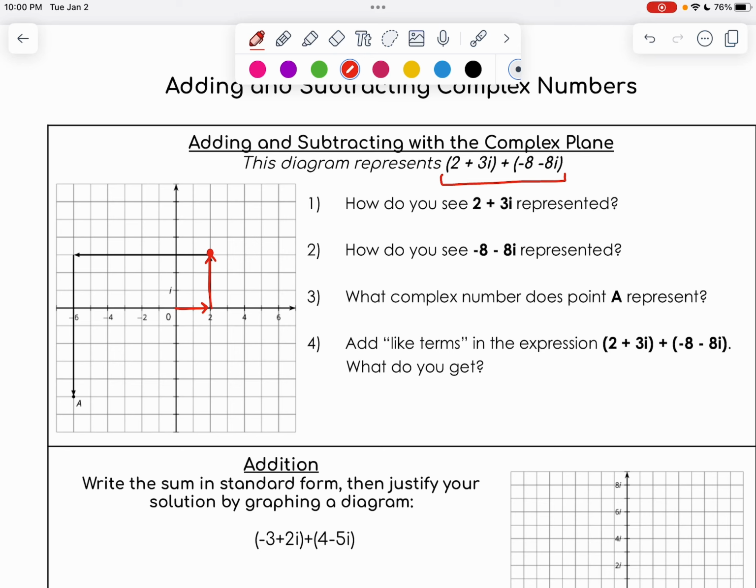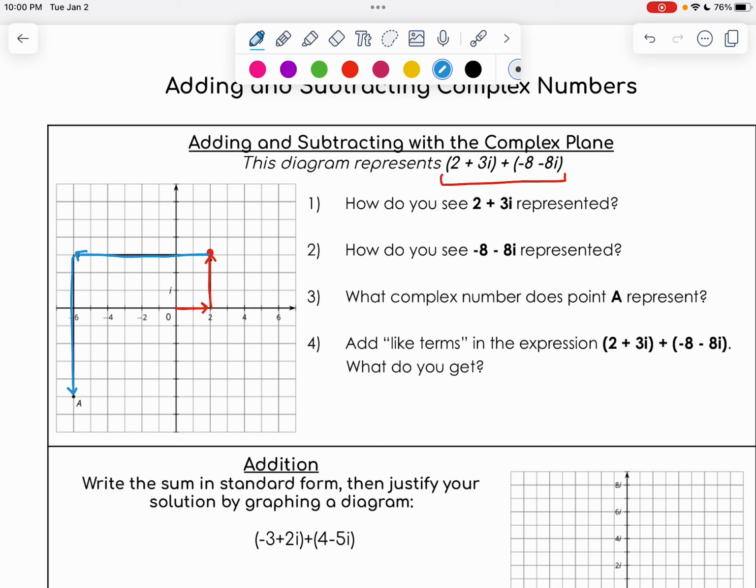And now, how do we see the negative 8 minus 8i represented? Because I don't see arrows that are pointing left 8, down 8, starting at 0. But I do see an arrow that points left 8. That's right here. And I do see one that points down 8 then, following that.